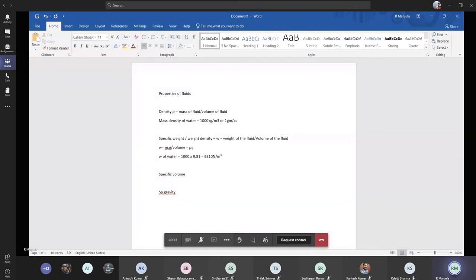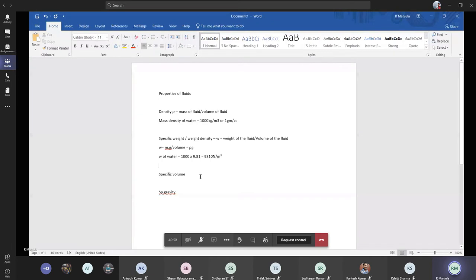And what is meant by specific volume of a fluid? Specific volume is defined as the volume of a fluid occupied by unit mass, or volume per unit mass of a fluid.